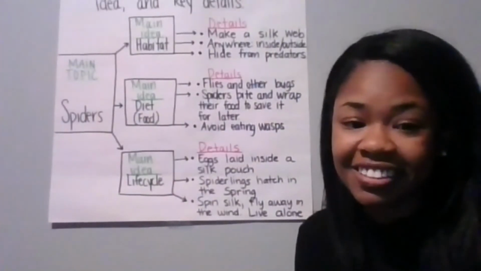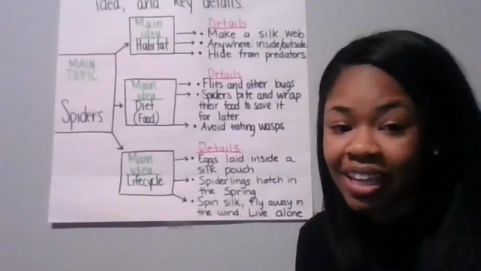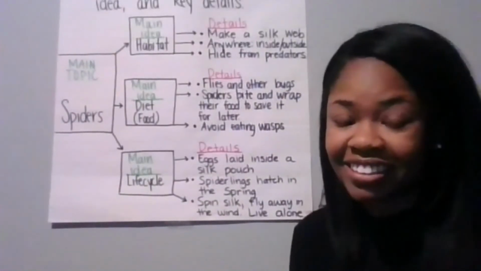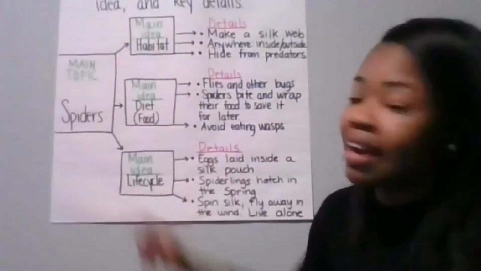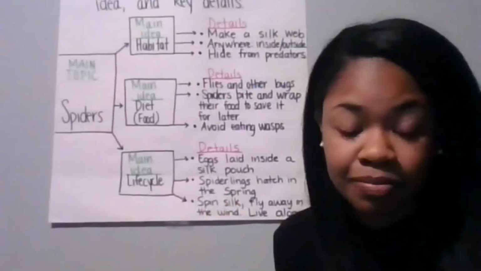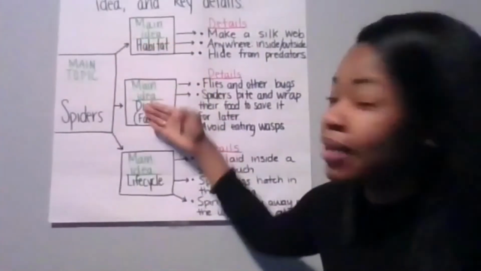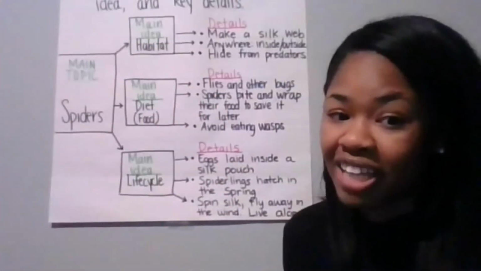All right, scholars. So today you have learned how to use and record on the graphic organizer the main topic, 3 main ideas, and 9 key details. Just like Mr. Santos was saying, those main ideas can come straight from your topics in the table of contents.